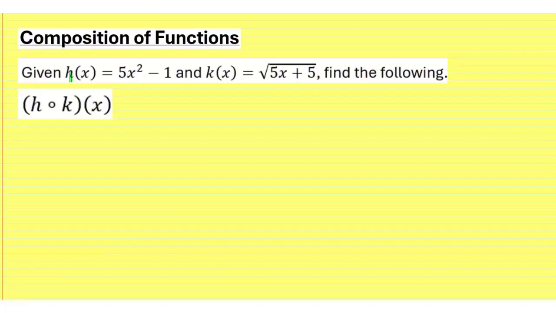Okay, for this next one, we have two new functions. h of x is equal to 5x squared minus 1, and k of x is equal to square root of 5x plus 5. And it says that we're going to take the k function and we are going to put it inside the h function.